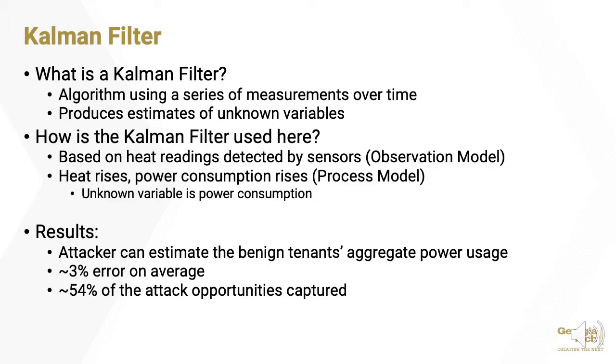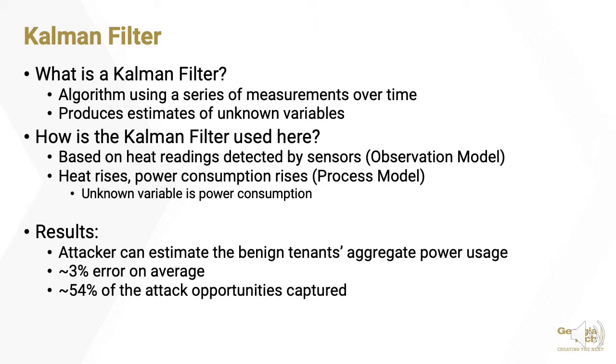Now, what is a Kalman filter? The Kalman filter is essentially an algorithm that uses a series of measurements. These measurements are observed over a period of time. All the measurements contain statistical noise and other inaccurate measurements based on the surroundings.